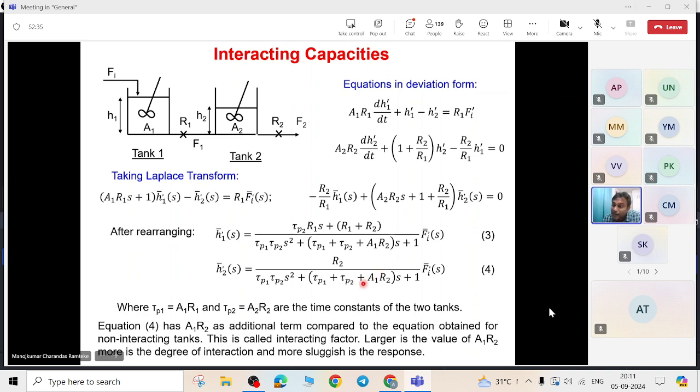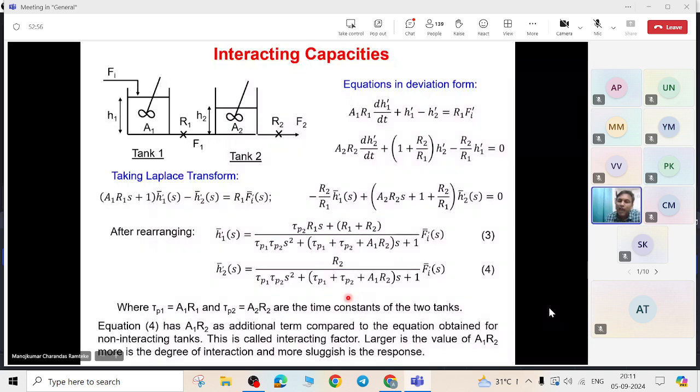Now this interacting factor term A1 R2 is a very interesting term. Why am I saying that? Because the higher the value of A1 R2, the more the value of zeta increases. As the value of A1 R2 increases, the zeta value, which is nothing but the damping factor, is going to increase.